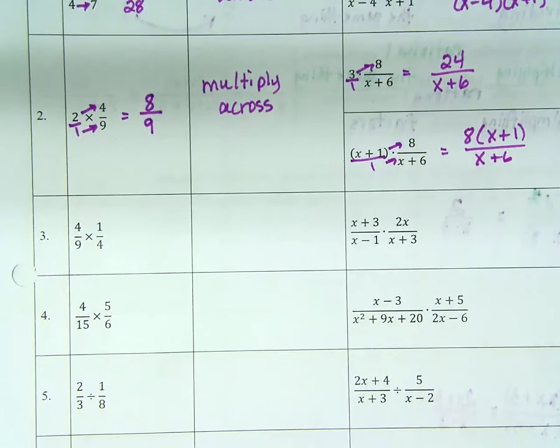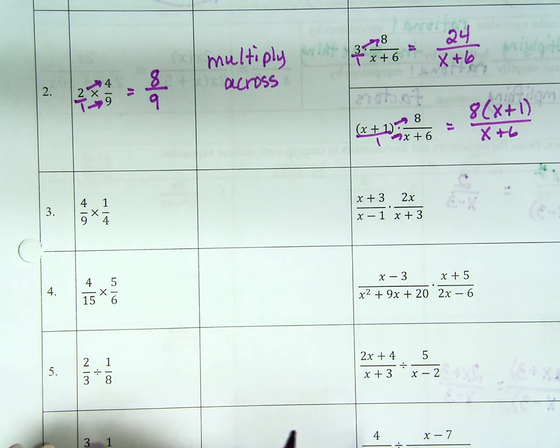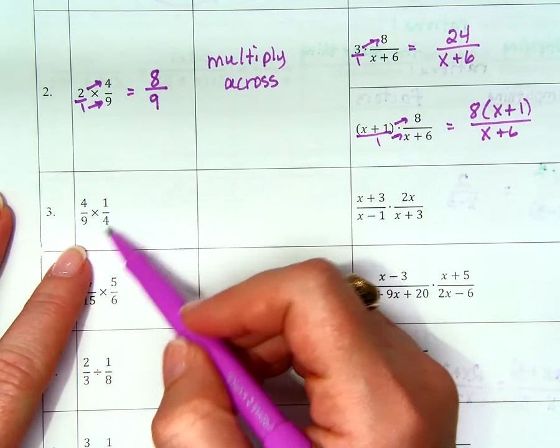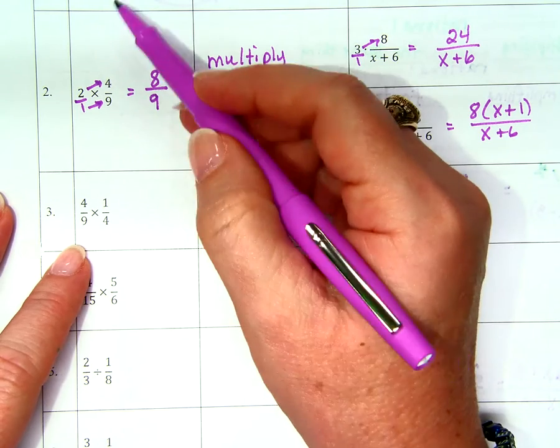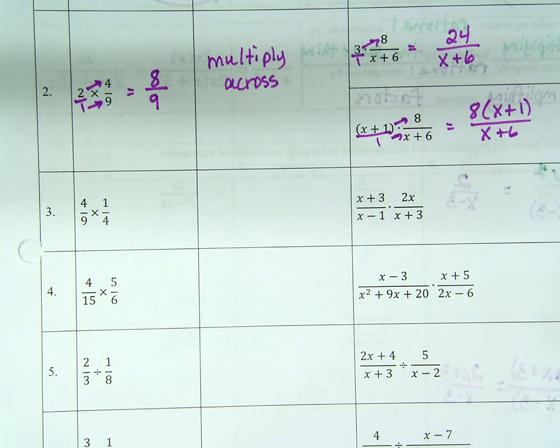So it must be number 3 that's harder, right? Okay. So what's different this time than like number 1 or 2? Well, we can simplify first. What can we simplify first? Wait, do we have to simplify first? No, we do not. We can multiply straight across just like we've been doing before.